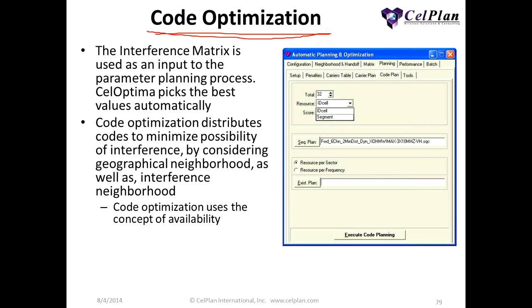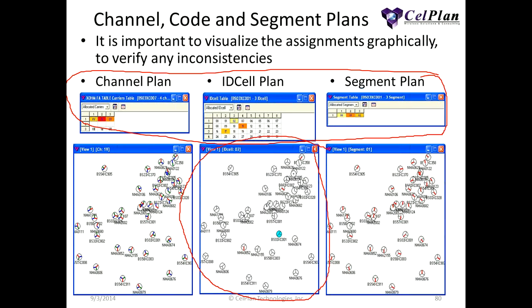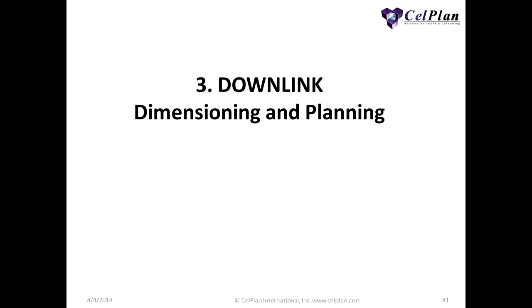Then we need to do code optimization, frequency optimization, and so on. And the tool must allow you to visualize those plans. We find this very useful because a tool can be only as intelligent as the information we feed into it, and the information is never perfect, so it's always good to do a sanity check before deploying the plan. The visualization of the plan is very, very important.